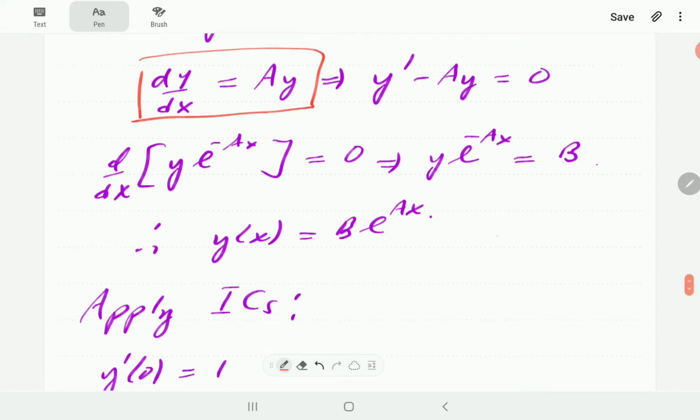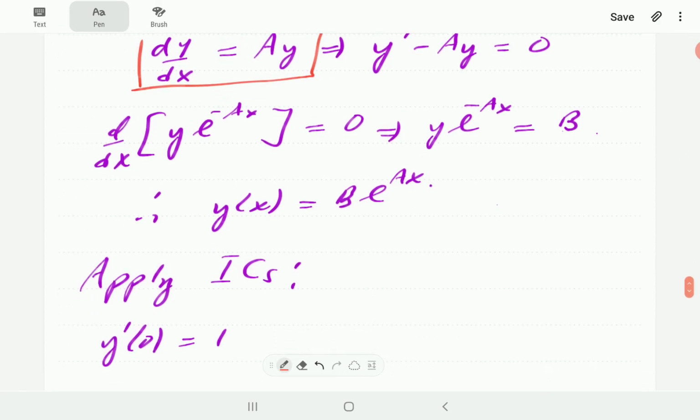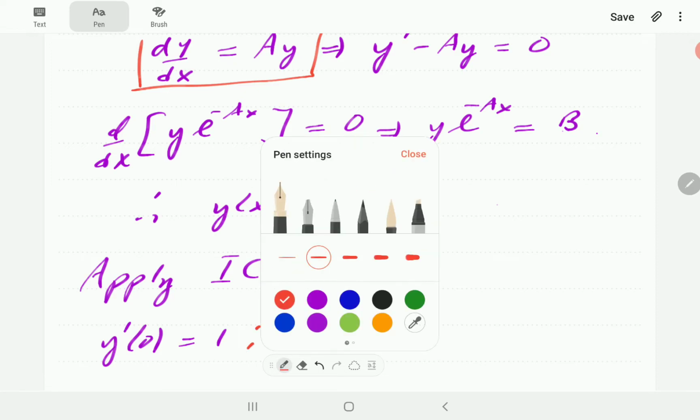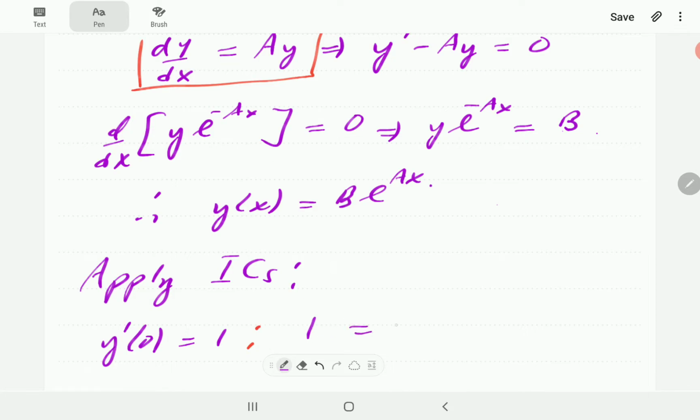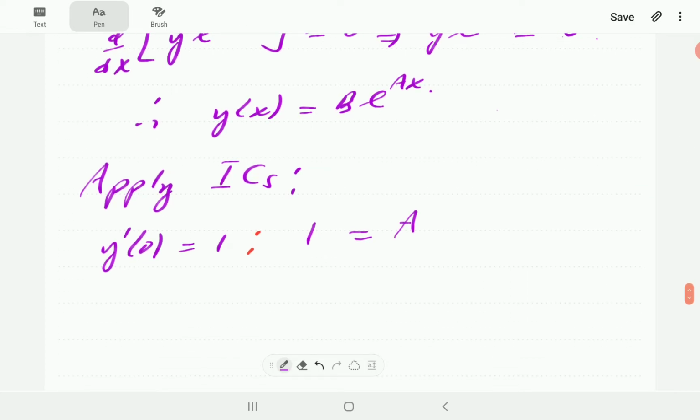So notice both y and y prime are 1 when x is 0. So if you apply that here, the left hand side is going to be 1. The right hand side is going to be a times 1. So straight away we've got a equal to 1.